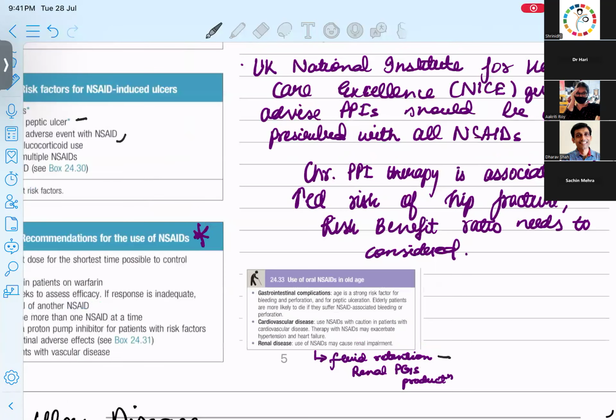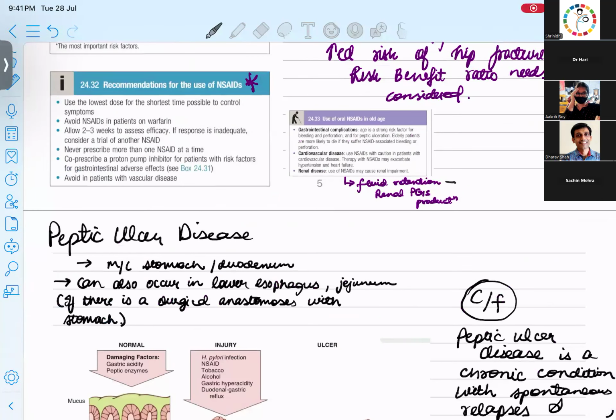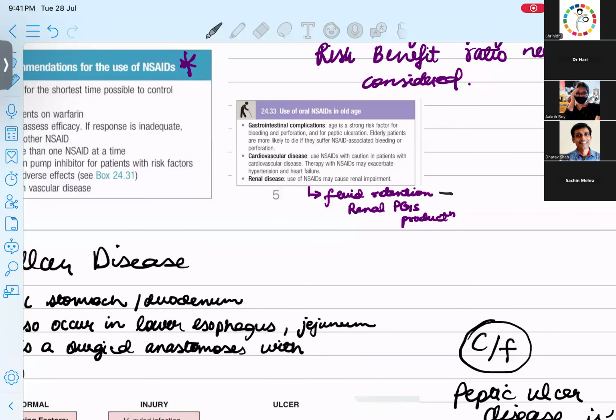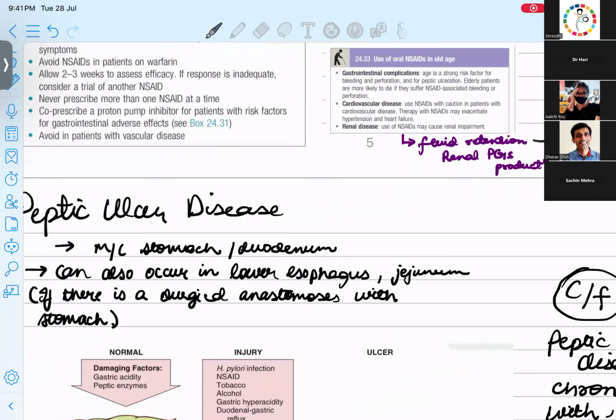If you remember, we saw in the pathway that COX-1 also helps in renal function. So NSAIDs also impair renal function and therefore have to be used very judiciously.